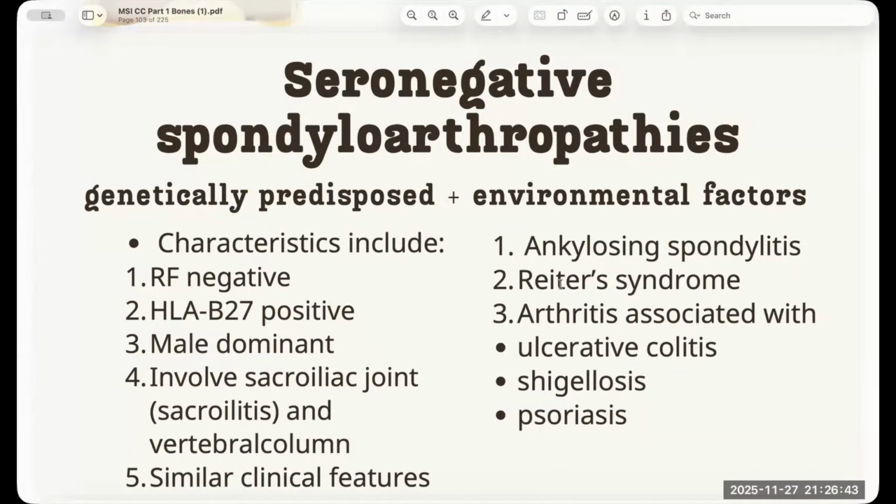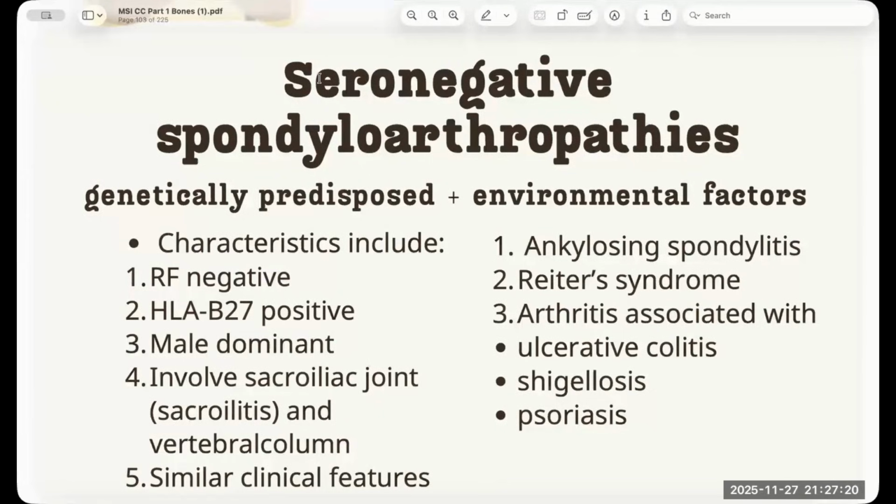Okay, so characteristically, it is RF negative, which makes sense because rheumatoid factor shows in rheumatoid arthritis, and we finished talking about that. So here it's RF negative, but it's positive for HLA-B27. This is the HLA that was shown above. They might look confusing, but please focus on them and try to memorize them really well.